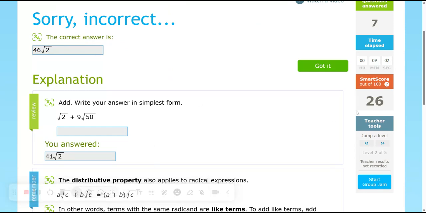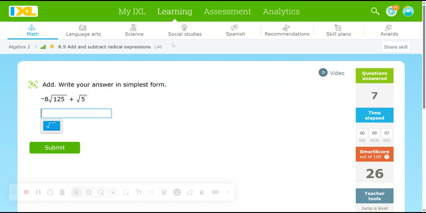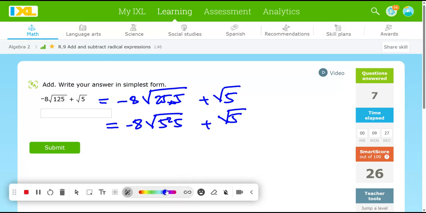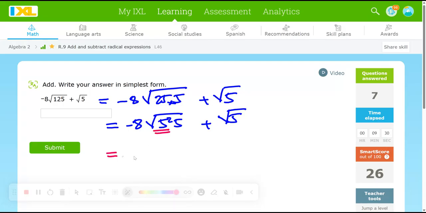Okay, so let's redeem myself. Let's see over here. 125, not a big deal. 125 is 25 times 5. Now instead of 25, that's 5 squared. So now I can move the 5 squared outside, which is 5 and then square root of 5.